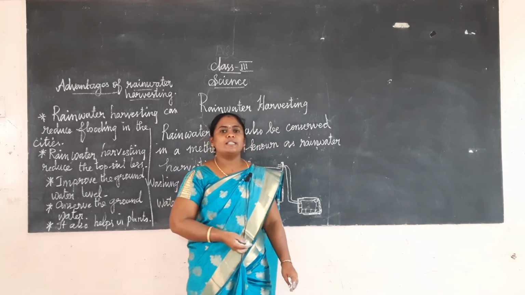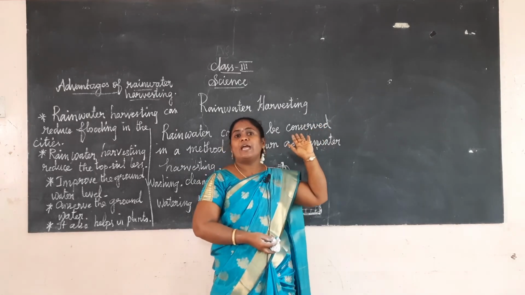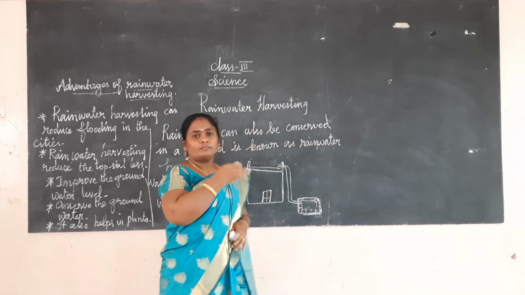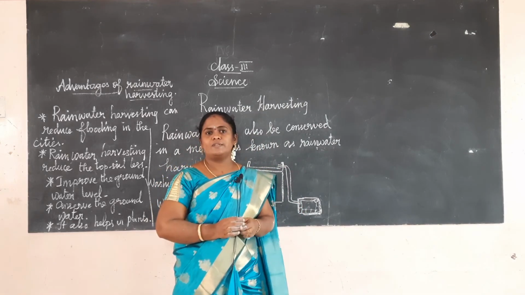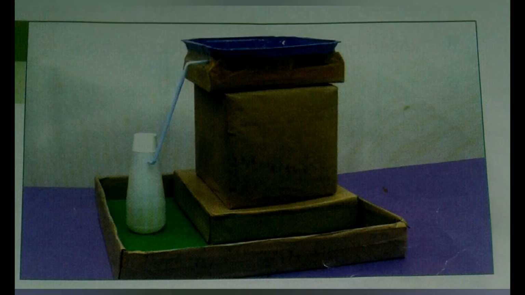Okay. Next, let us learn the methods, okay, activity time. Let us learn about the model of rainwater harvesting in the video. Let us learn the working model of rainwater harvesting. I will be able to demonstrate the working of a rainwater harvesting model. What are the things needed in this model?